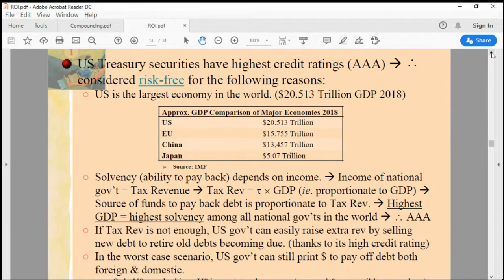When you're lending money, your biggest concern is the default risk. Now, how do you know if someone has the lowest default risk? Well, first, you'll have to look at this person's wealth, this person's income.